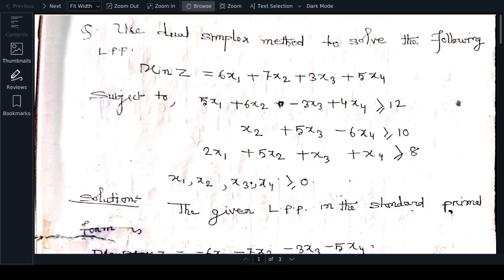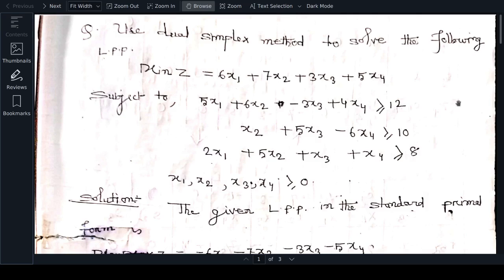The first is 5x1 plus 6x2 minus 3x3 plus 4x4 greater than or equal to 12. The second constraint is x2 plus 5x3 minus 6x4 greater than or equal to 10. And the third constraint is 2x1 plus 5x2 plus x3 plus x4 greater than or equal to 8.